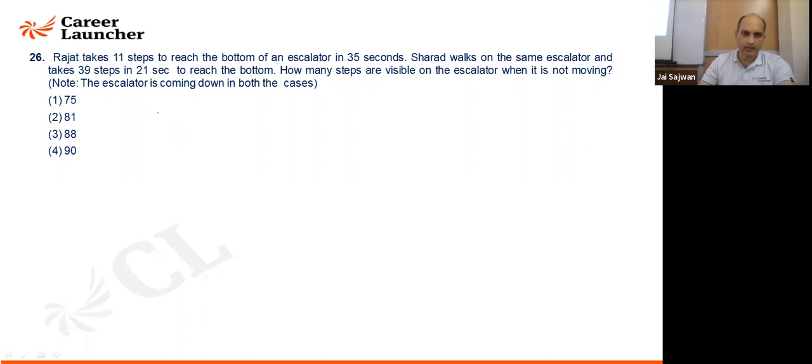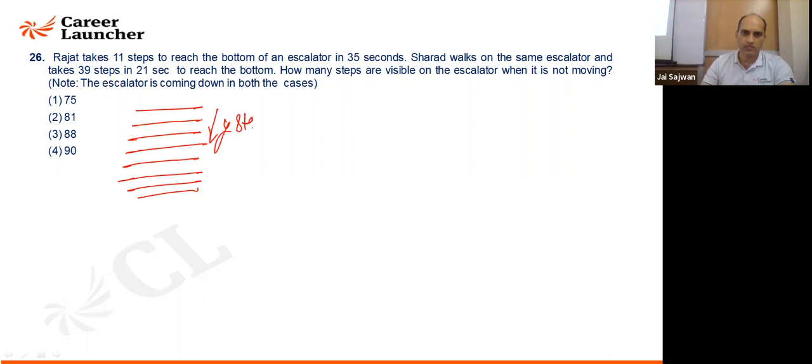See, there's an escalator. It is having a speed, it is coming down at a speed of y steps per second. Rajat is on it. Rajat travels 11 steps at his speed and is going to reach the bottom in 35 seconds. Means for 35 seconds, Rajat was on this escalator.